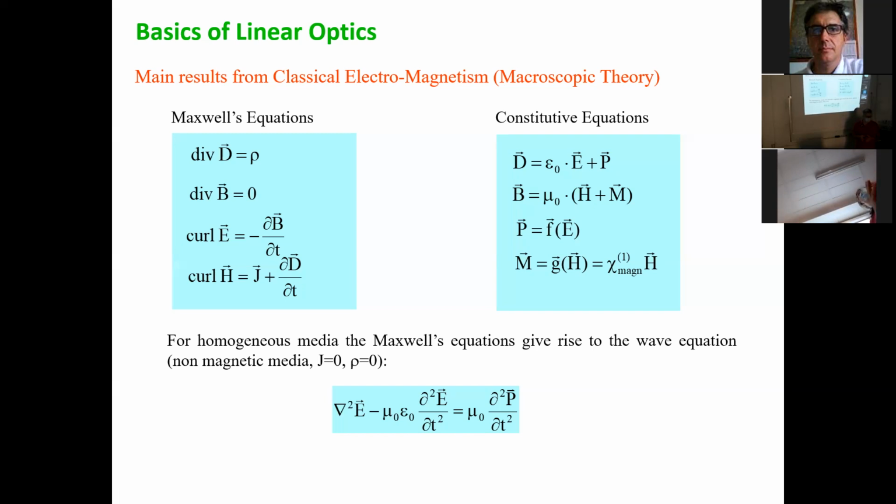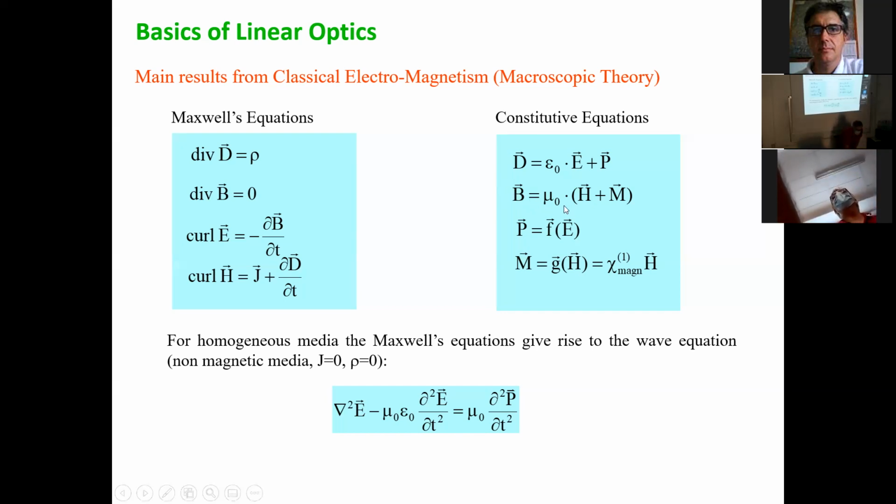These are written in the International System of Units. They may have seen these equations in the CGS system. For example, in Russia, they use such a system. And therefore, this constitutive relation would be a bit different. You would have a speed of light appearing in this. But we use this notation here.